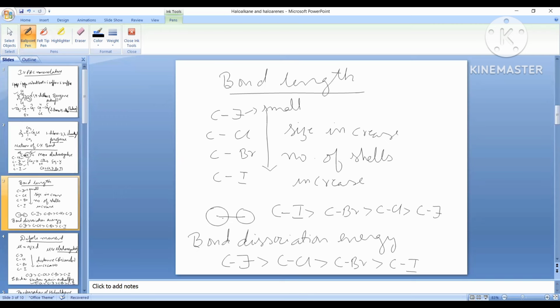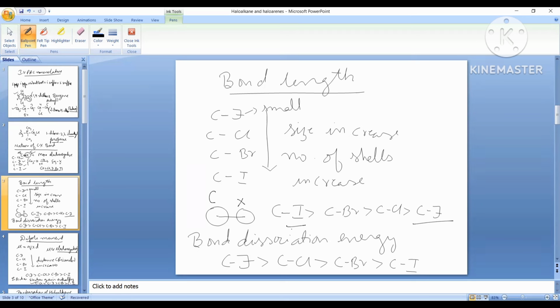Bond length is the distance between the nuclei of two atoms. Suppose this is carbon and this is halogen. We can take this as fluorine, so it is small. The distance between them is the bond length. So the smallest bond length will be in fluorine, and the highest bond length will be in iodine.